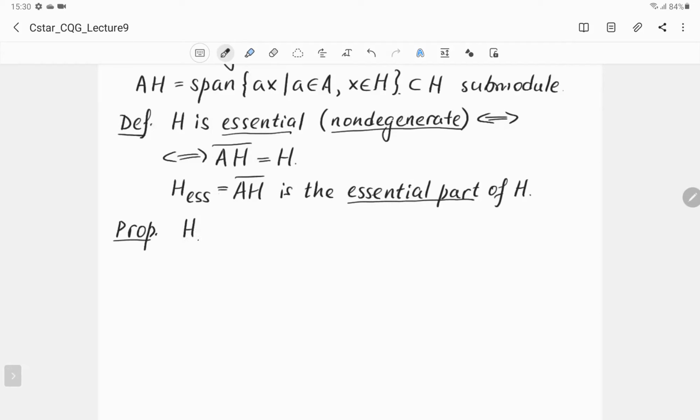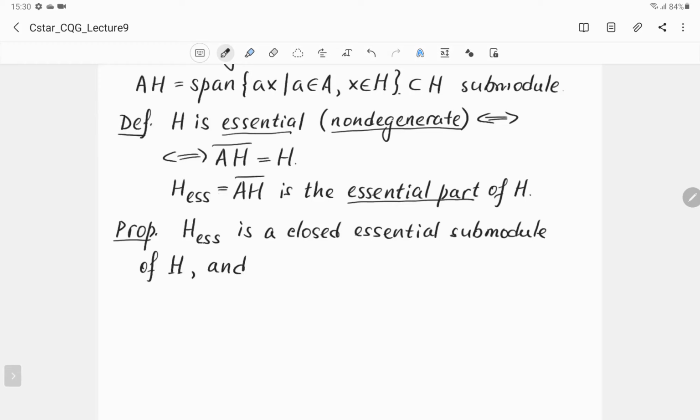The essential part of H is indeed a closed essential submodule of H.